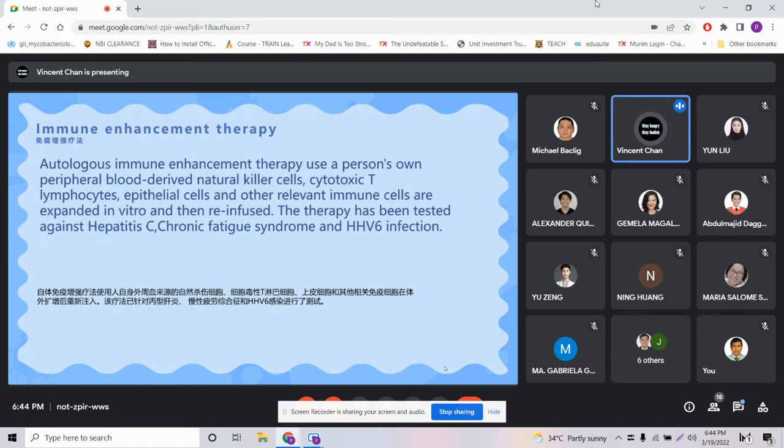The therapy has been tested against hepatitis, chronic fatigue syndrome, and HHV6 infection.